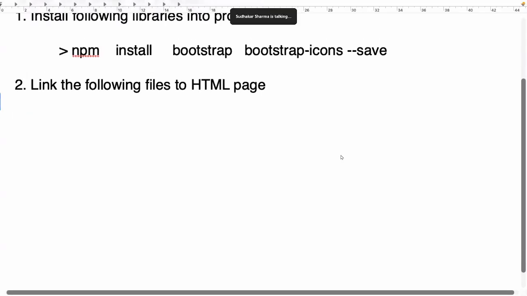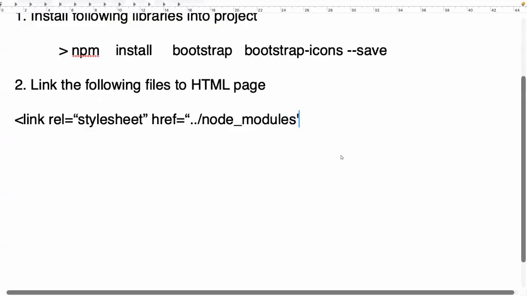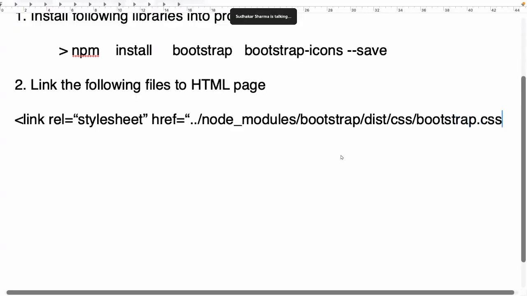What are the files you need is link relation style sheet, because you need CSS files. Href will come from node modules. So in that, bootstrap dist css bootstrap.css. That is one.